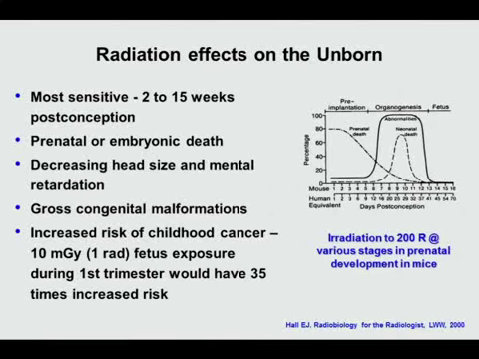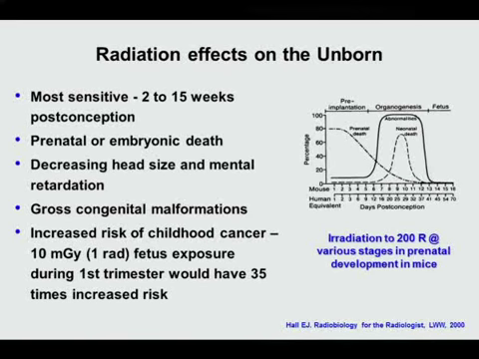From what we understand from studying the Hiroshima and Nagasaki population, it has been demonstrated that radiation exposure during the later part of the pregnancy has shown some of these children with decreasing head size and increasing mental retardation and so forth. Gross congenital malformation is another effect of radiation exposure to the pregnancy.